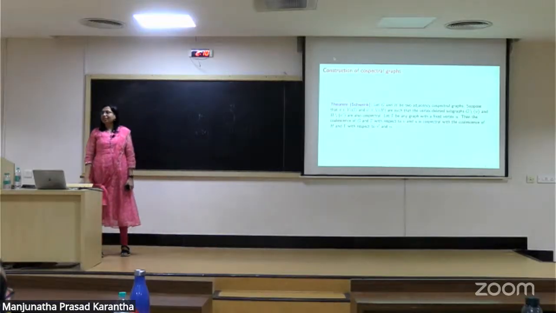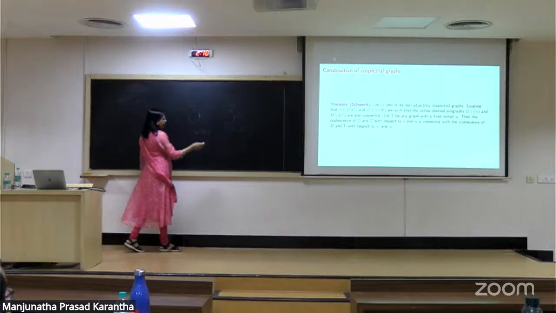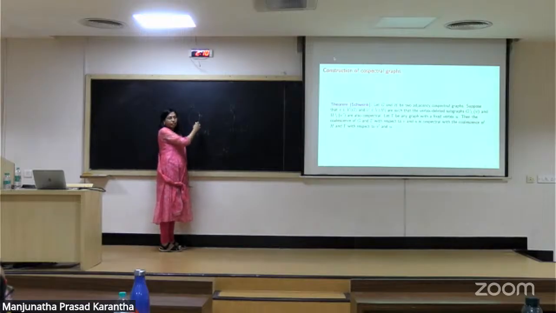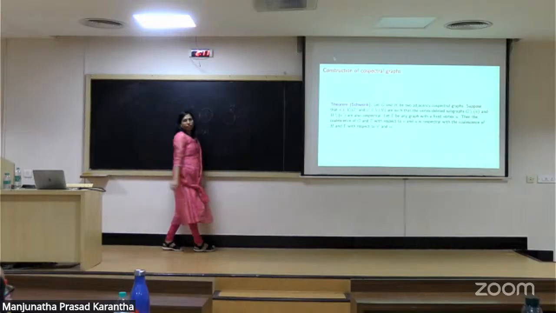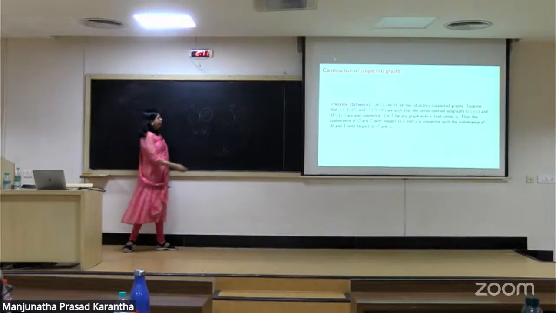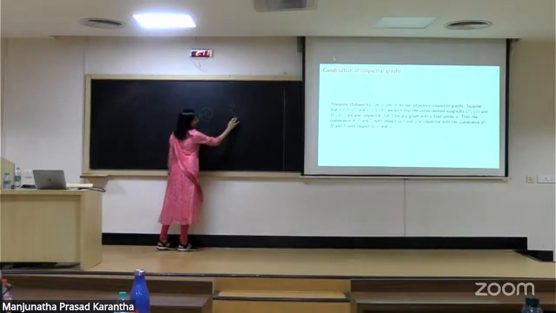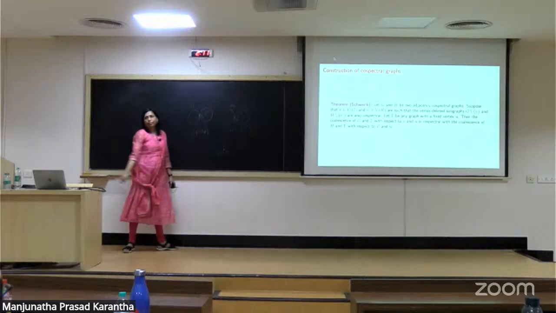In that case, I can choose any other graph, gamma, and fix a vertex. So this is, let's say, gamma, and here I'm fixing a vertex. I attach it at the vertex u, and likewise at v.